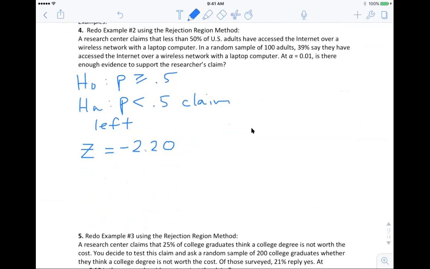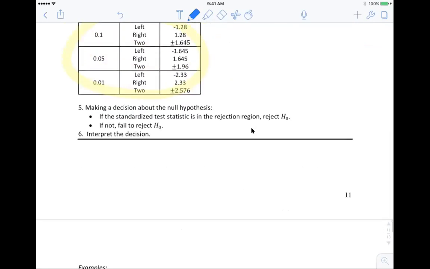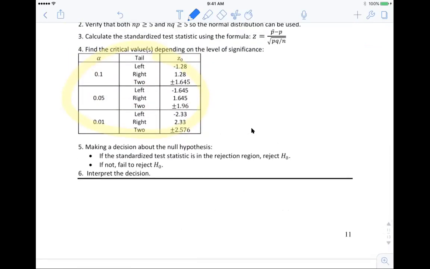But now, instead of finding a p-value, you're going to find a critical value, z sub 0, right? And that's based off of this level of significance. It's 0.01. So I'm just going to look it up on this little table. 0.01, left tail, there it is.